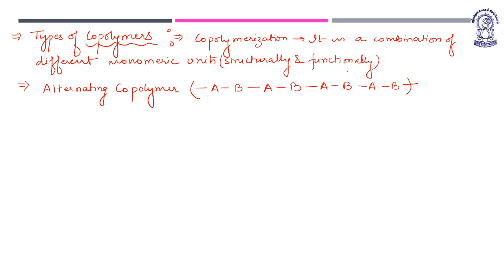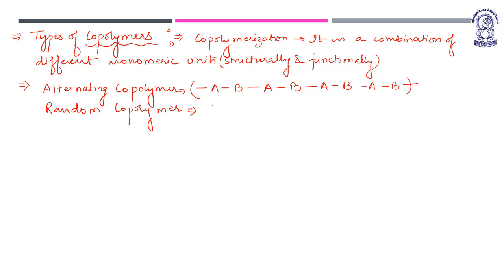Random copolymer: random copolymerization involves monomeric units combining or occupying any random position.